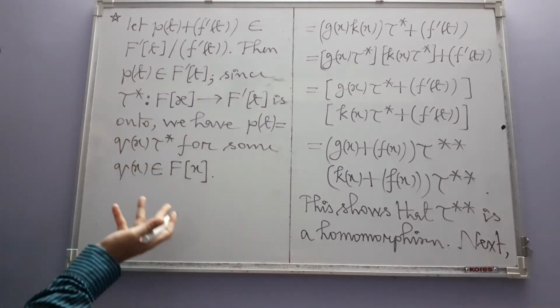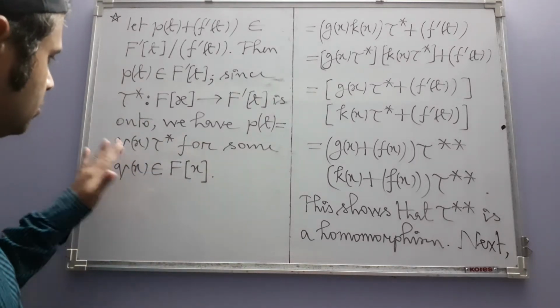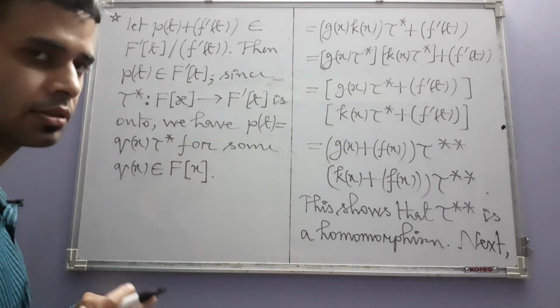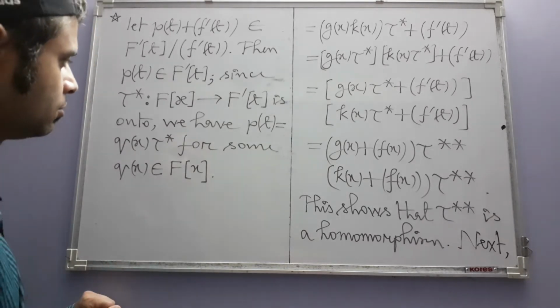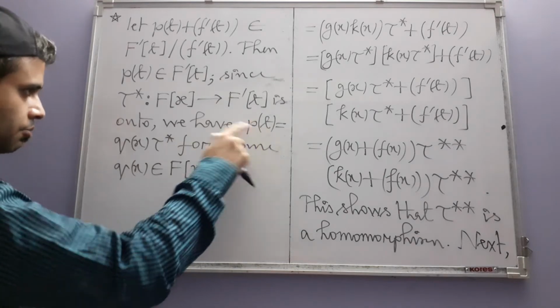Ontoness of tau star just proves that there exists some such qx whose image under tau star is this polynomial pt.